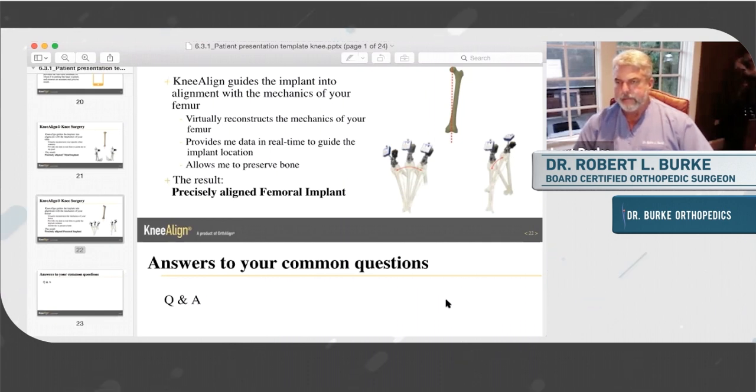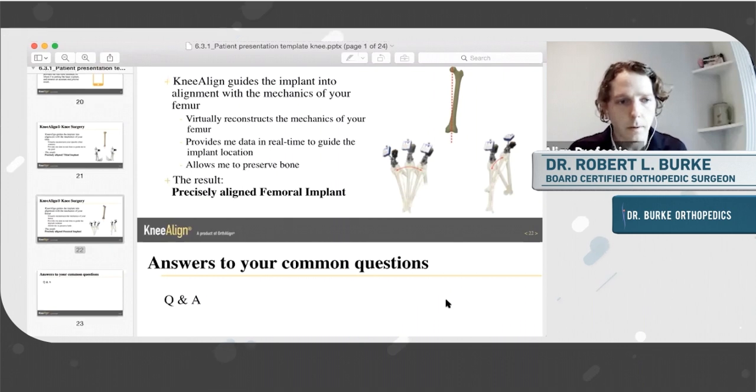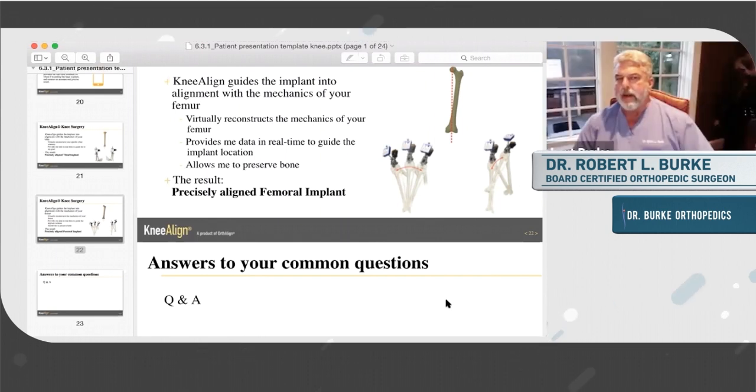Okay. Let's see here. Generally, how busy are you, and do you do the procedures yourself? That might be the expected wait time question. My office is there to take care of the patient. I am not going to promise a patient that I can do this the very next day, but I will absolutely make sure that we do it as expeditiously as possible.